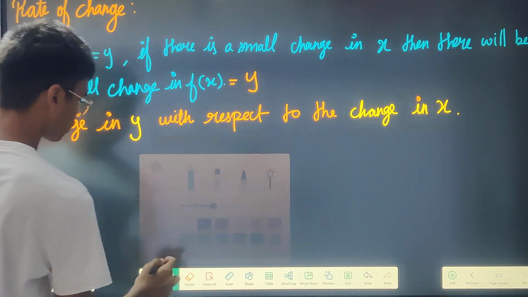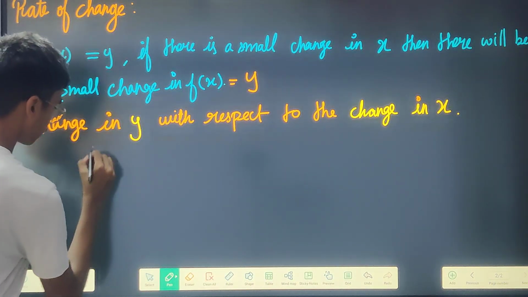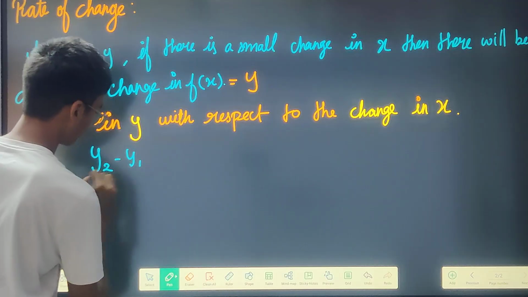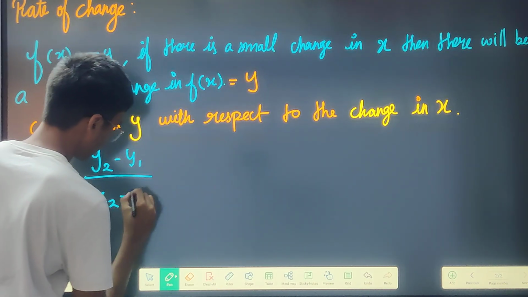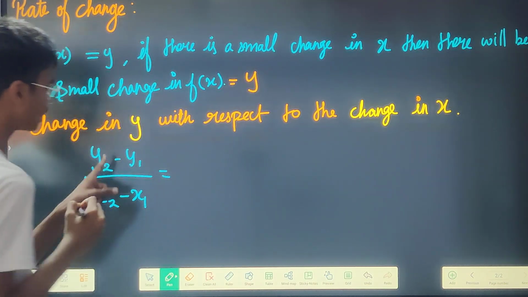That means y2 minus y1 whole divided by x2 minus x1, which is equal to c.